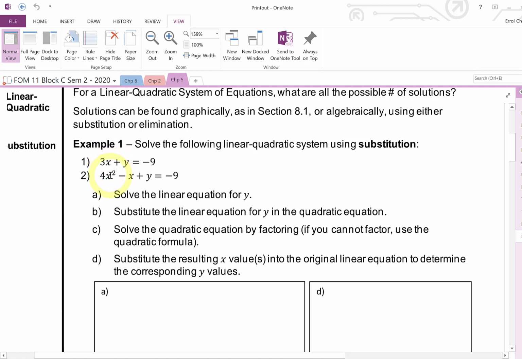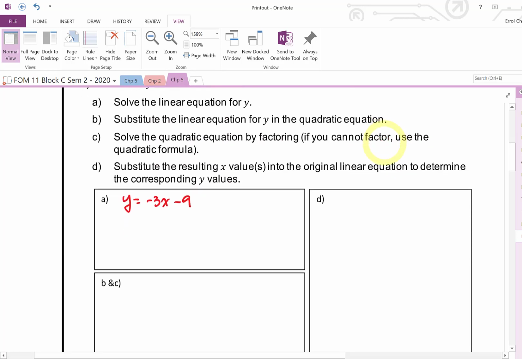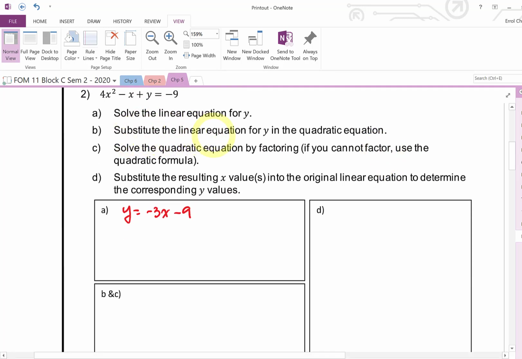So let's do that. So it says here 3x plus y is equal to negative 9. So I'm going to go y equals negative 3x minus 9. And we're going to substitute that into equation number 2. So equation number 2 says substitute the linear equation for y to the quadratic.